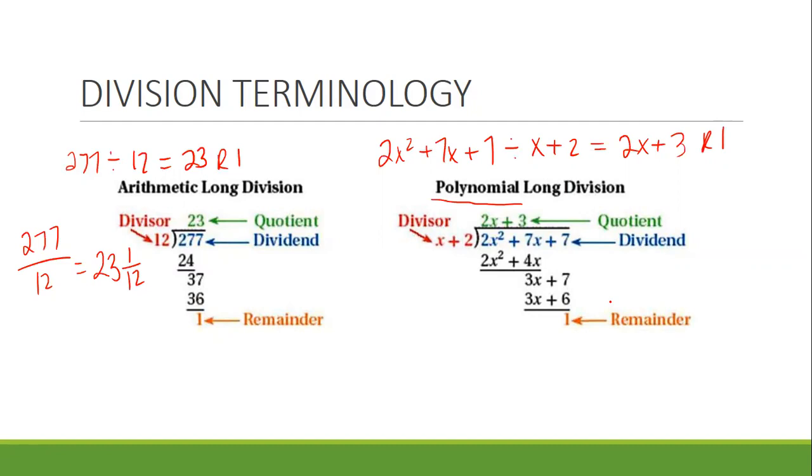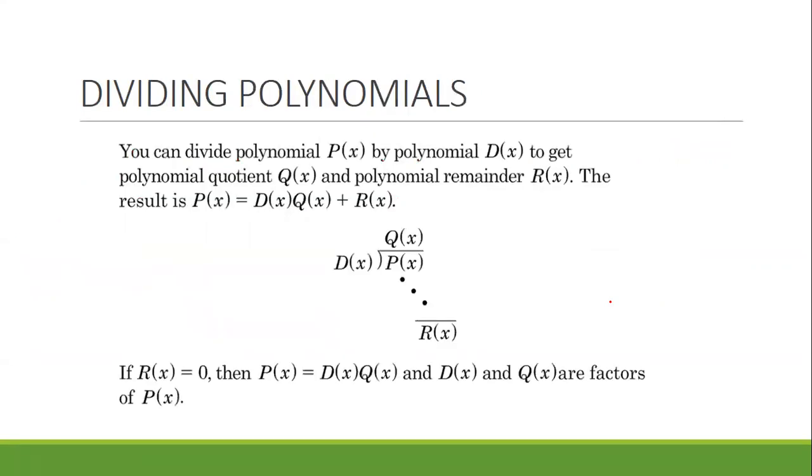Yes, I hope so. All right, so when dividing polynomials, you can divide p of x by polynomial d of x to get a polynomial quotient q of x. So it's just using more variables at this point to describe what's happening. And the result is that the polynomial equals your divisor times your quotient plus your remainder.